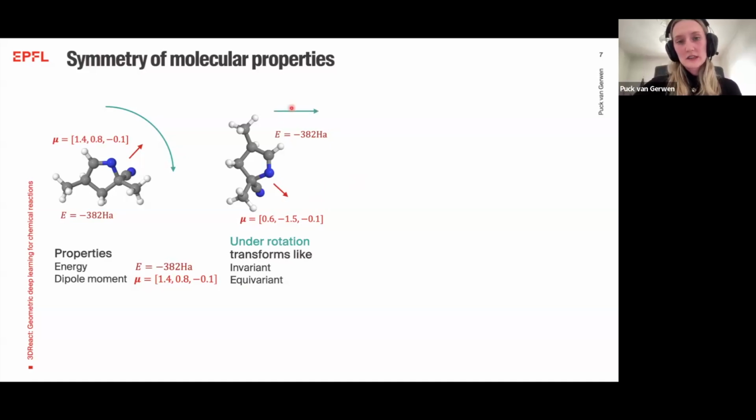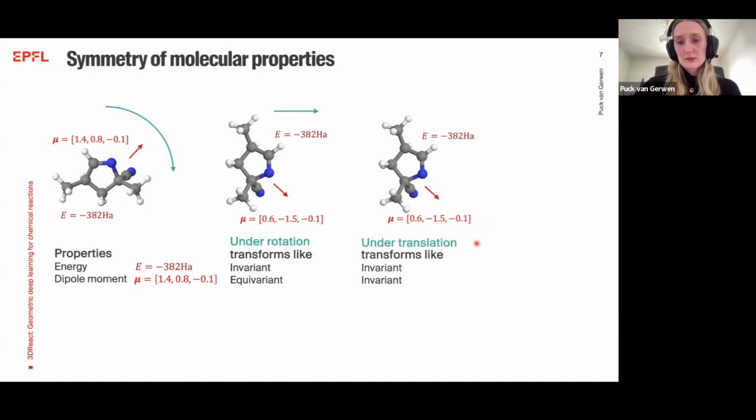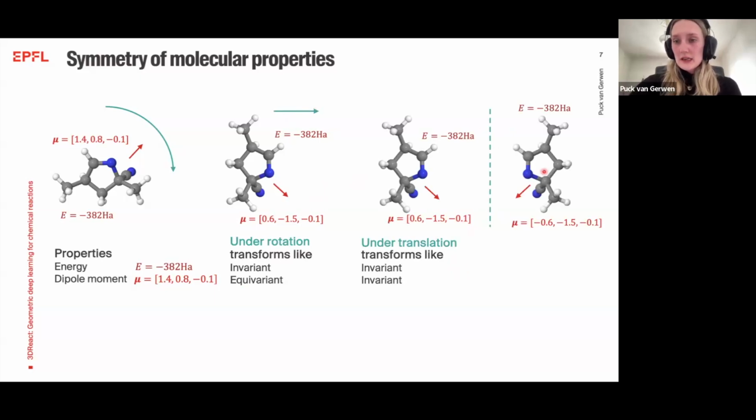And if I were to instead translate my molecule, this would keep the energy the same, and it would also keep the dipole moment the same. So in this case, both quantities are invariant under translation. And if I were to invert my molecule now, I would again flip the sign of this dipole moment. So we can see that under inversion, the scalar quantity is invariant, but this vectorial quantity is equivariant.